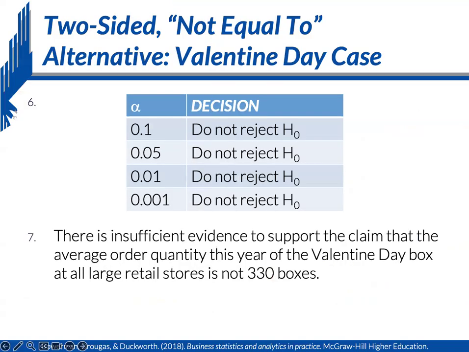Therefore, our summary of results will look something like this. For all 4 values of alpha, we will not reject the null hypothesis, and therefore, there is insufficient evidence to support the alternative hypothesis or the claim that the average order quantity in all the stores is not 330 boxes.